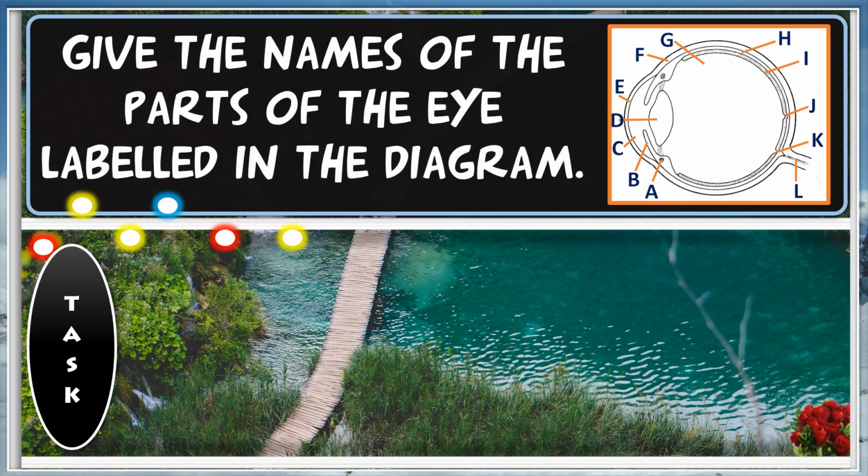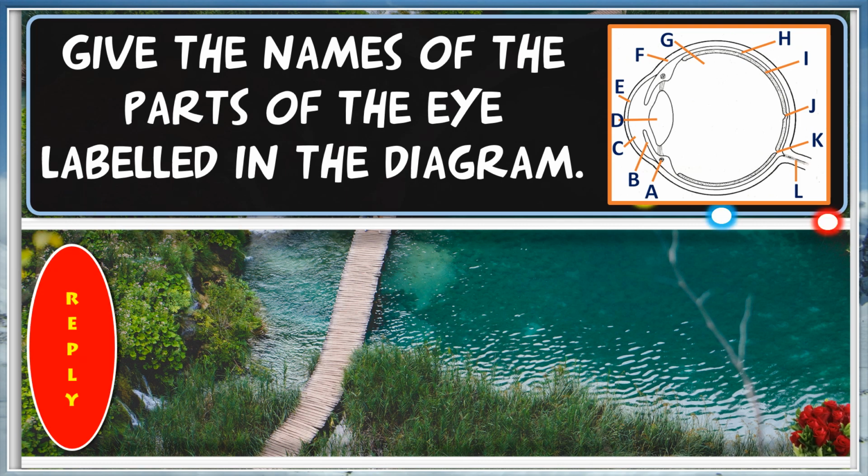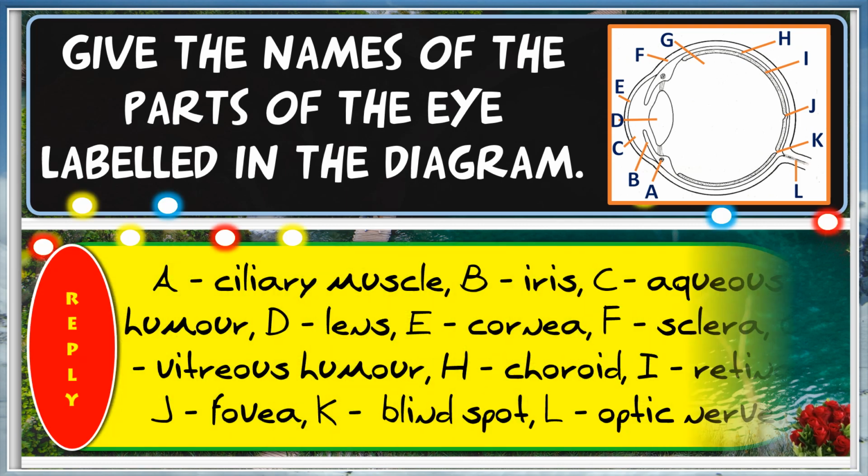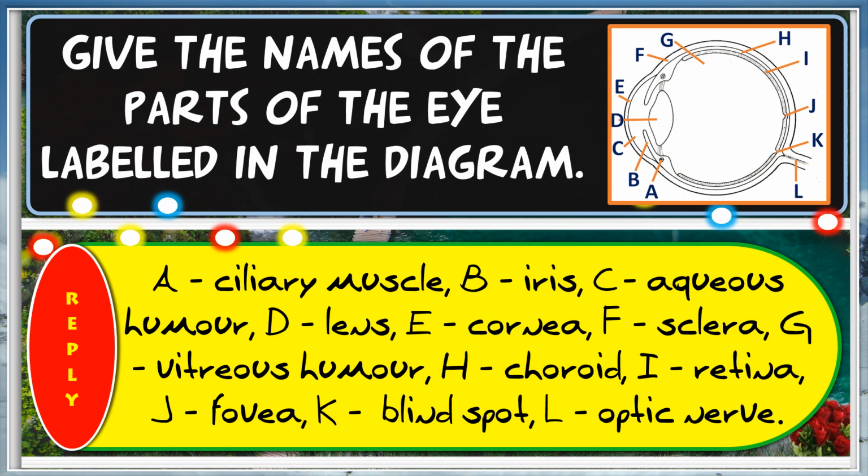Give the names of the parts of the eye labeled in the diagram. A. Ciliary muscle. B. Eyelids. C. Aqueous humor. D. Lens.